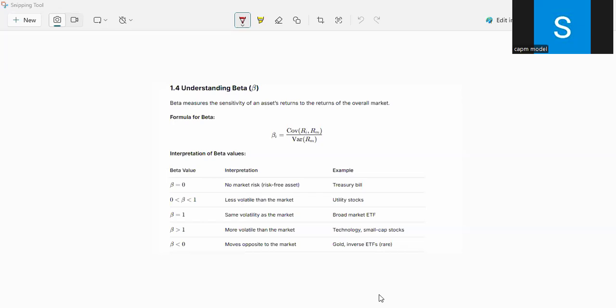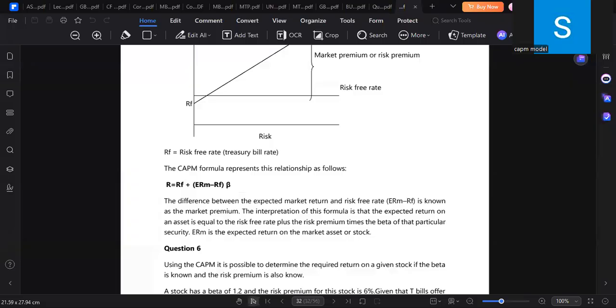So we can go down again to explain the other key parameters in the CAPM model. So there's what we call the SML line. What is the SML line?